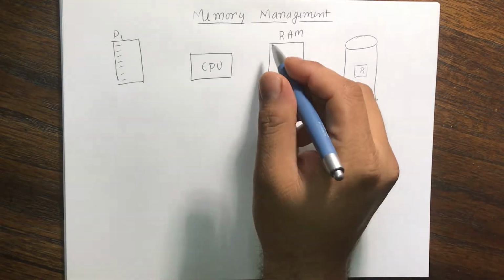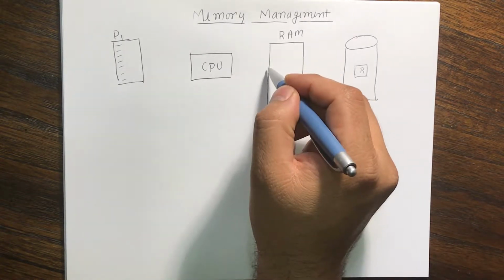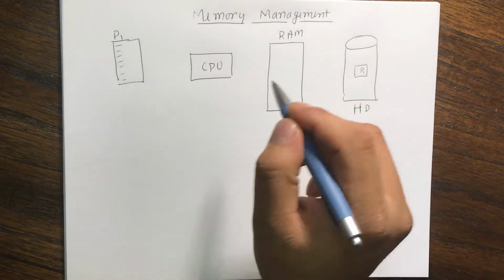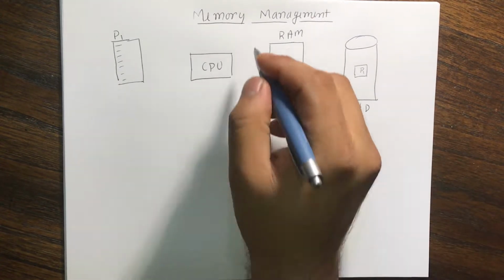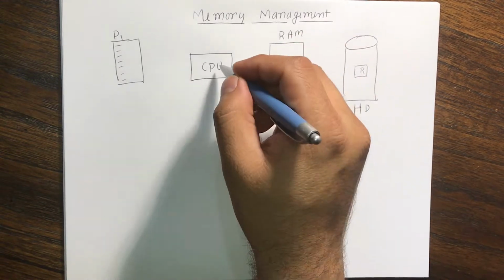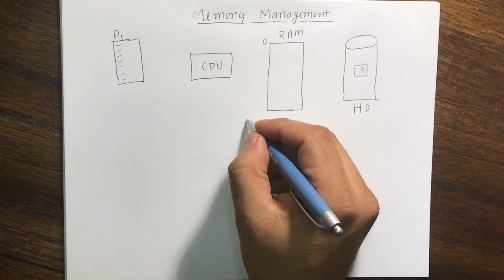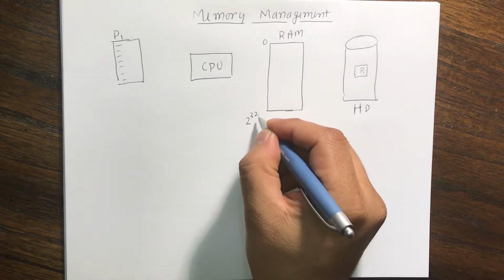So the CPU needs to know where program P1 is and which line to execute. So we need the address space. Let's say the CPU is 32-bit, so we can have addresses from 0 to 2 to the power 32 minus 1.